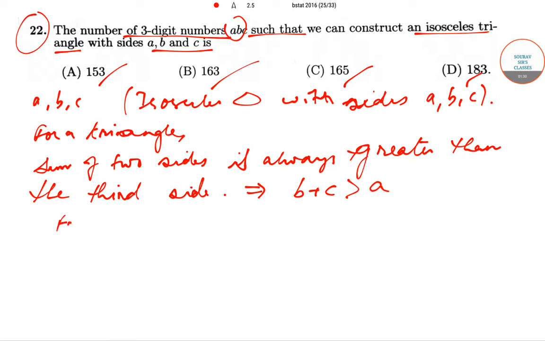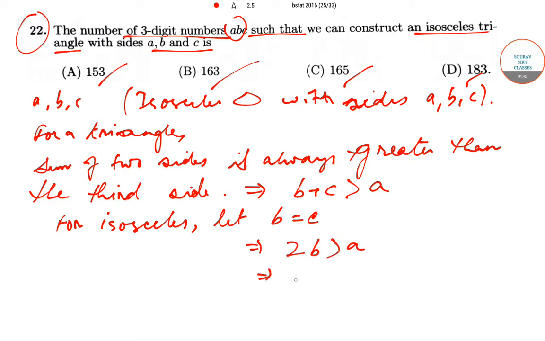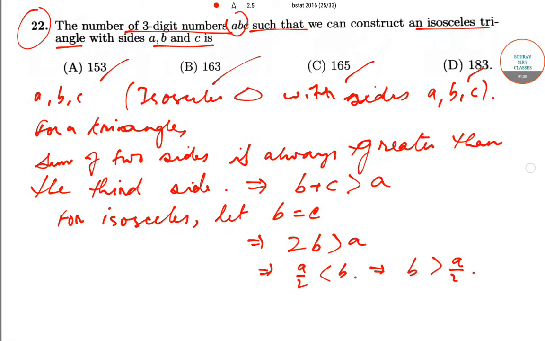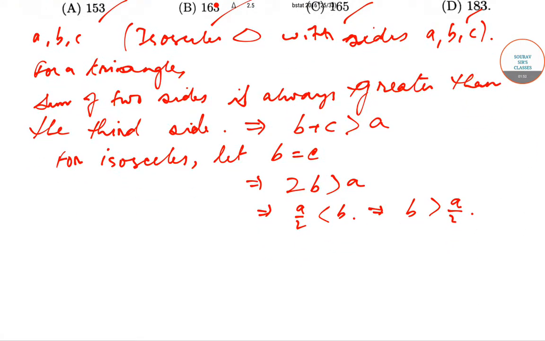For isosceles, let B equal C. So that will imply that twice of B is greater than A, and that will imply that A by 2 is less than B, or we can write that B is greater than A by 2. So now we can do some calculations.